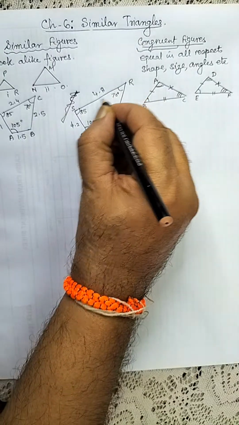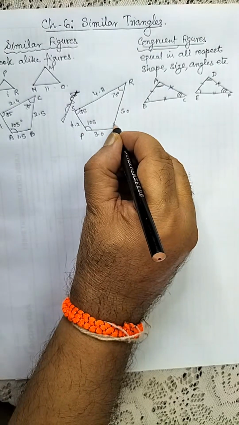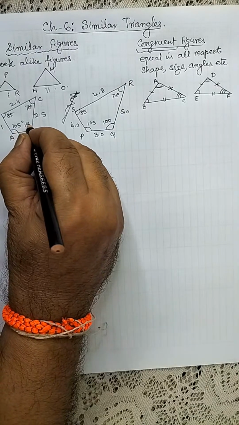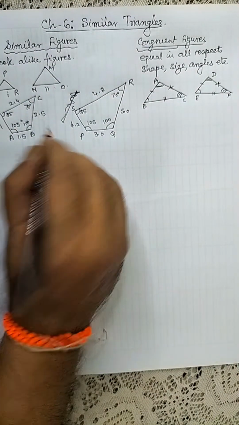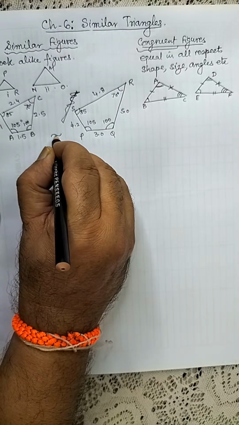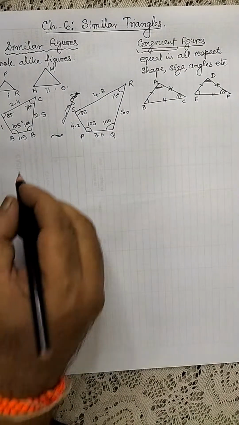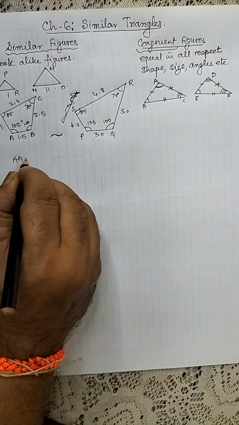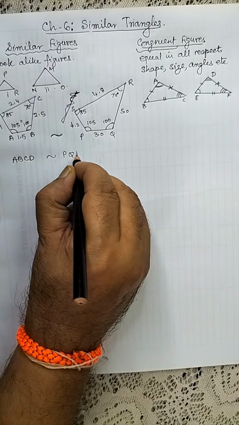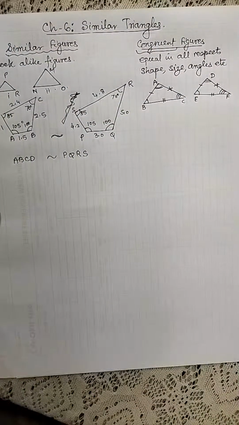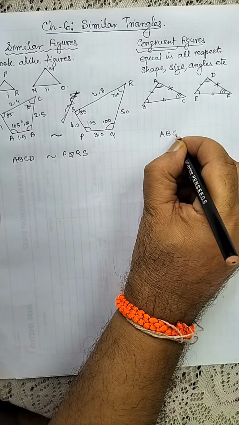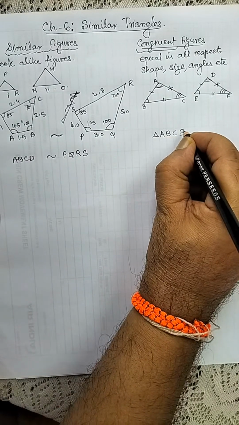Now, as the sum should be 360, this angle has to be 100 degrees, and this is again 100 degrees. Now, these two figures are similar. Similarity is symbolized by this symbol. I can say quadrilateral ABCD is similar to PQRS. Fine. In case of congruency, we used to use triangle ABC is congruent.